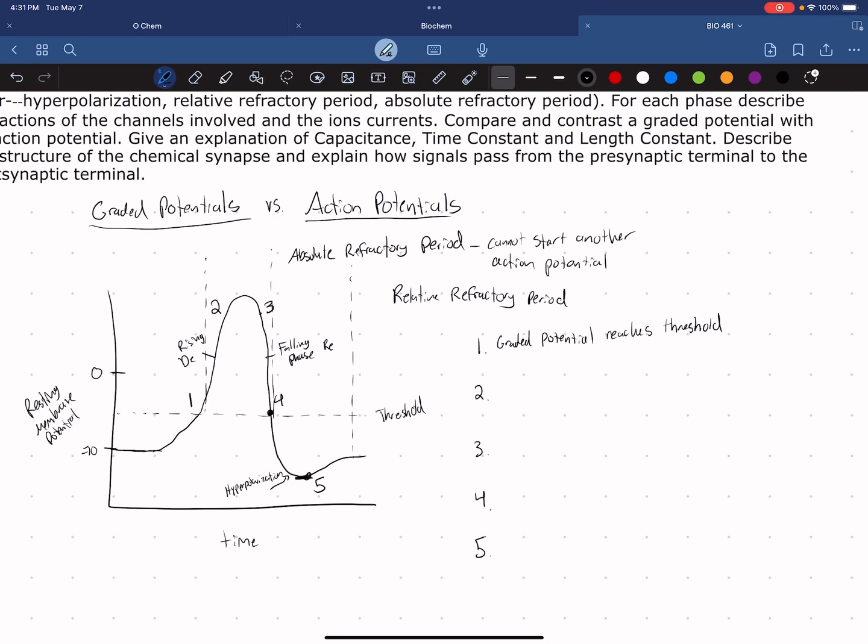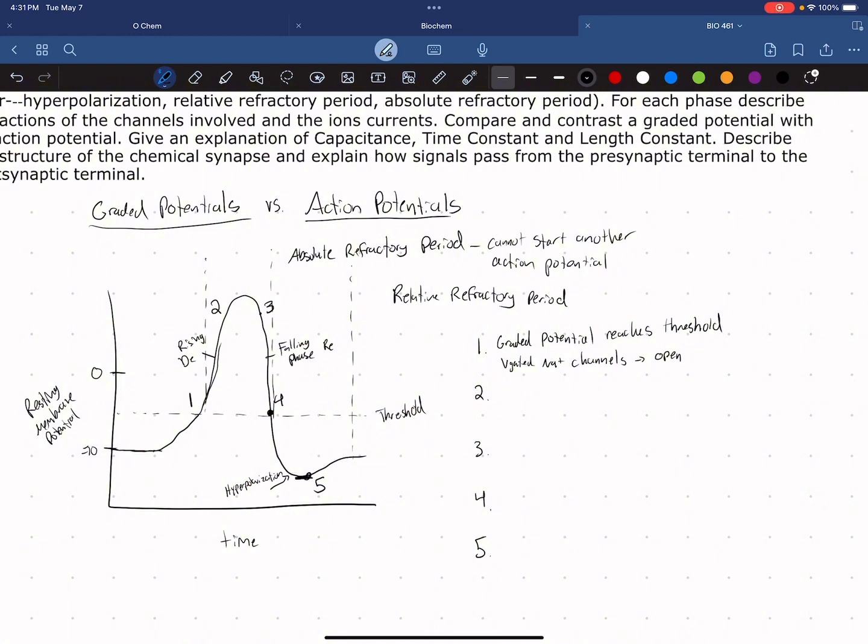And what happens, the threshold is determined by the voltage-gated sodium channels. And at this point, they become open, and sodium is rushing into the cell, which is causing this dramatic increase, this getting closer to zero and even passing zero in a lot of cases.